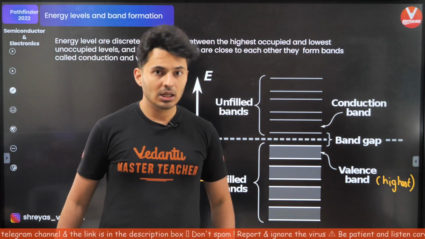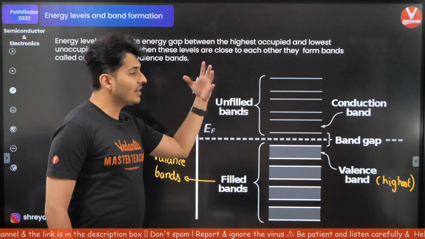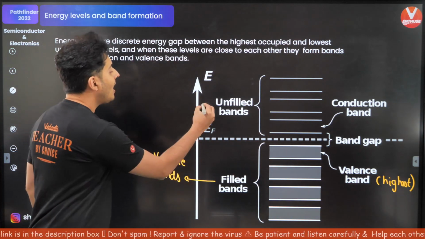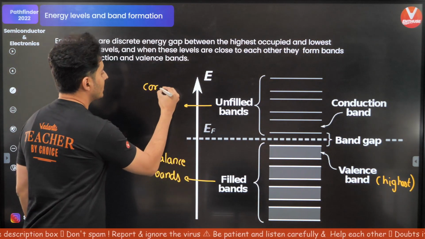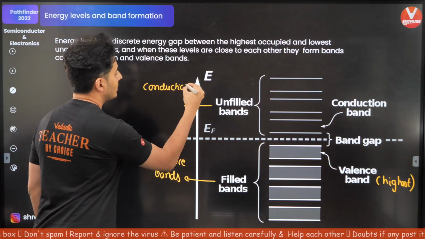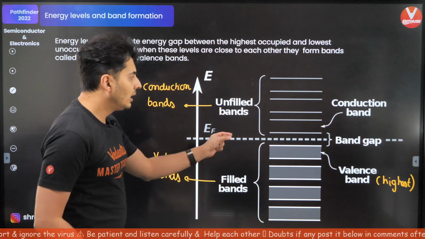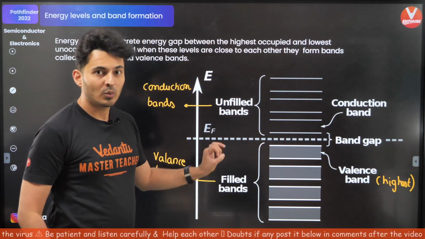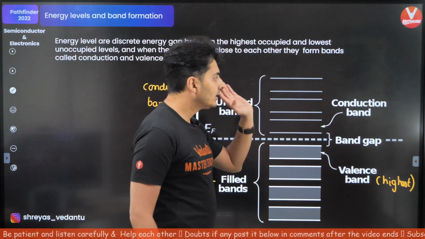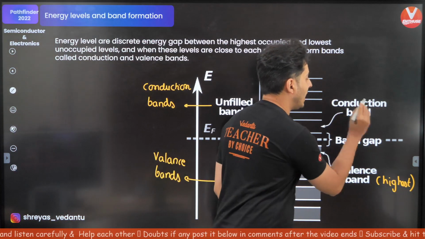Fair enough, guys? Okay. The ones which are unfilled are called conduction bands, plural. But the lowermost band which is not filled is called the conduction band, singular.